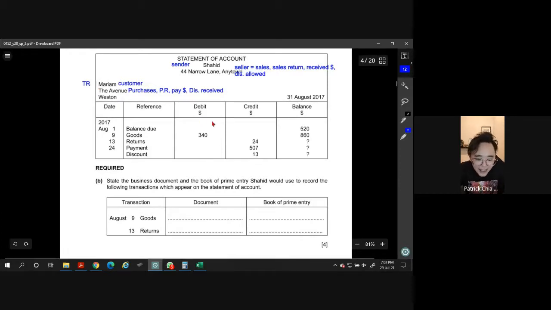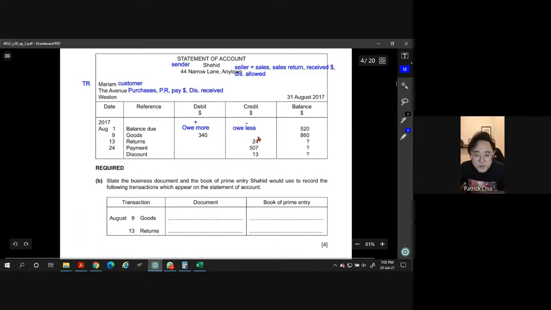So if it's TR, technically this debit actually is a plus, and then credit is a minus. Because it's asset, right? TR is asset. So this plus means what? And then this minus means what? Okay. This plus here actually means owe more. And then the minus here means owe less. Okay, you can understand it like this.